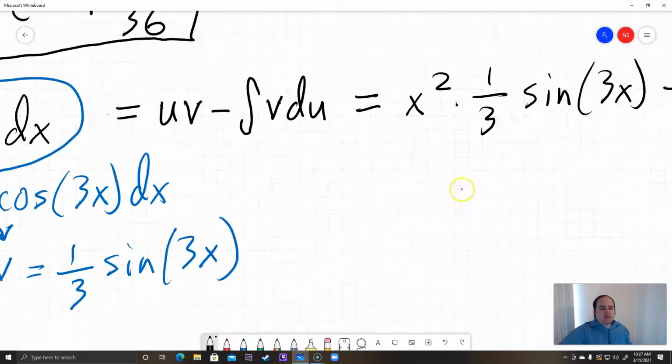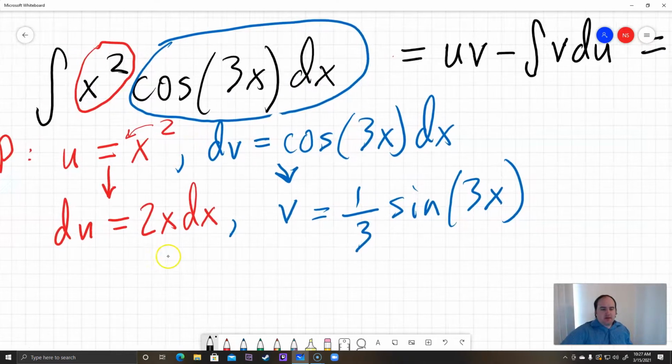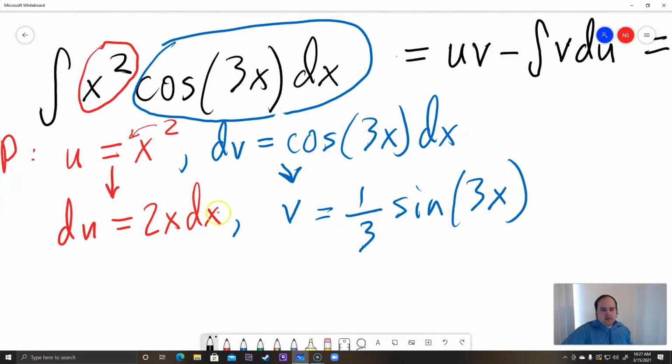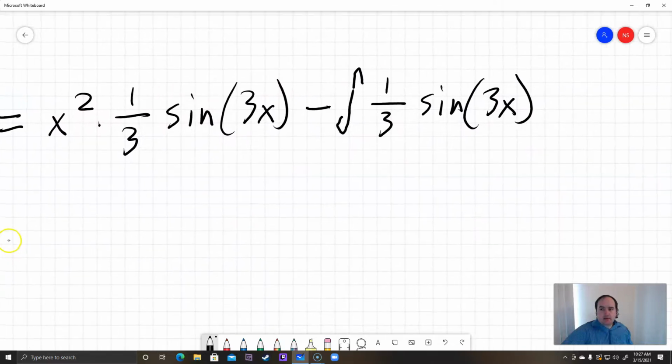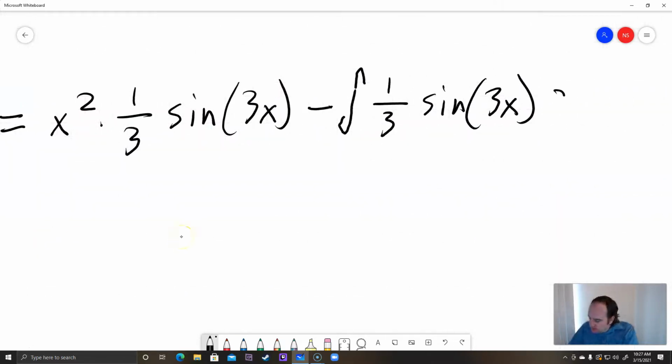Now on this problem, du is a little bit more complicated than the other ones. Here du is actually 2x dx. Okay, so 2x dx. So you got uv minus the integral of v du.